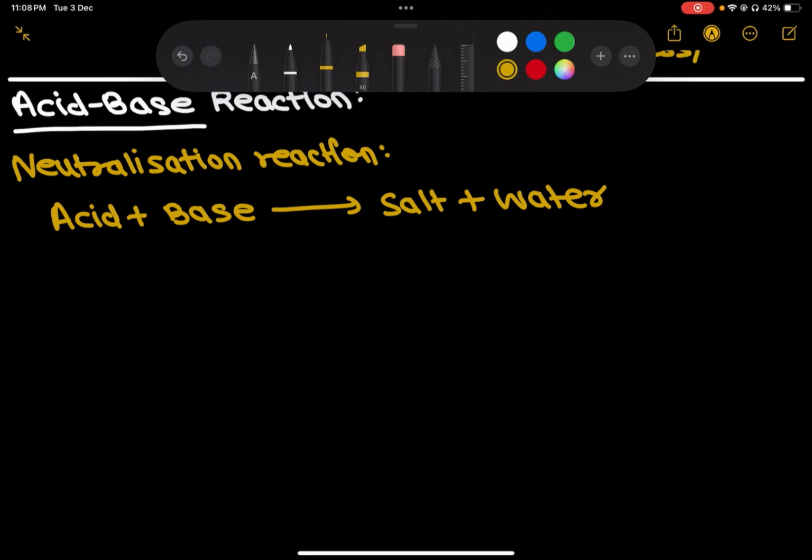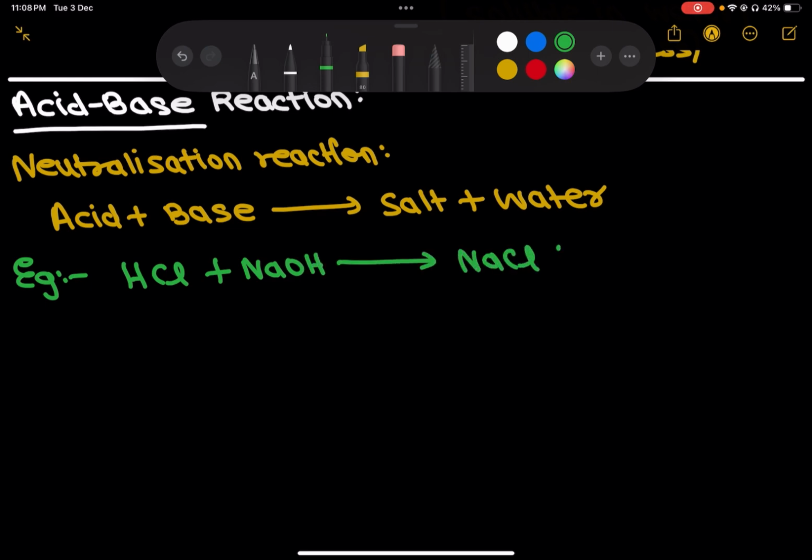Anyways, we'll see an example here. Let us take the acid HCl plus the base NaOH, both very common. It will produce the salt NaCl and H2O. Here you can see the mechanism: Na combines with Cl, and H combines with OH to give H2O. Very simple.